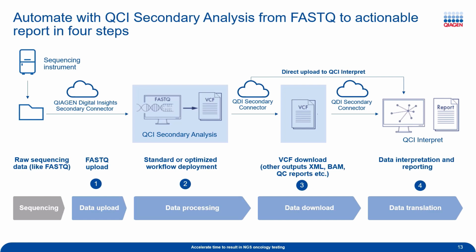The raw FASTQ files can be uploaded directly to QCI secondary analysis, either from a local server or from a cloud-based platform, for example, Illumina's BaseSpace. After this, the entire secondary analysis pipeline can be deployed in the cloud, and the relevant outputs, such as the VCFs and QC reports, can be downloaded for review. Also, we can upload the VCF files directly to QCI Interpret, where they will be available immediately for interpretation and reporting.